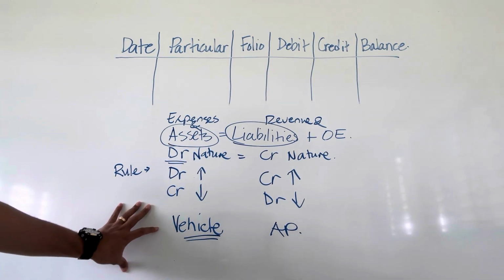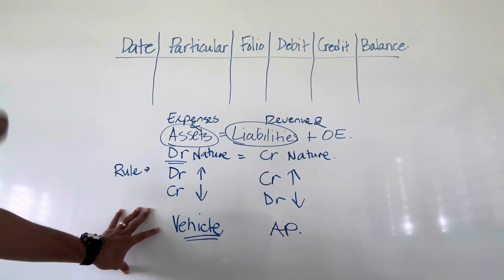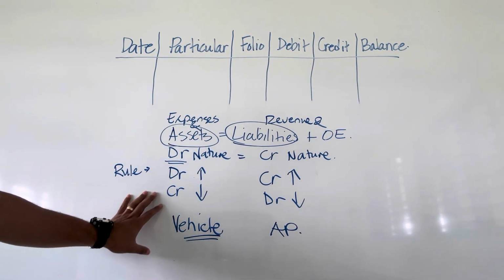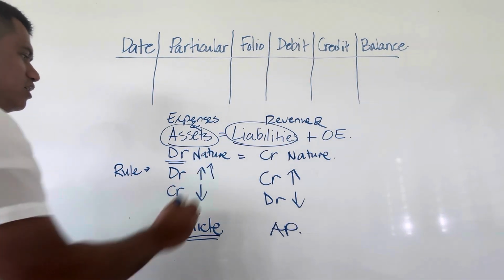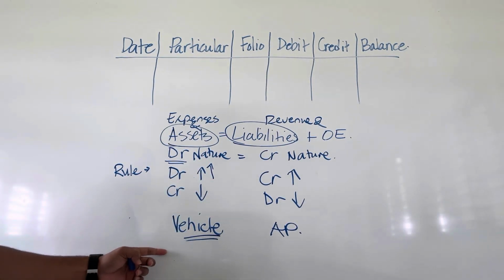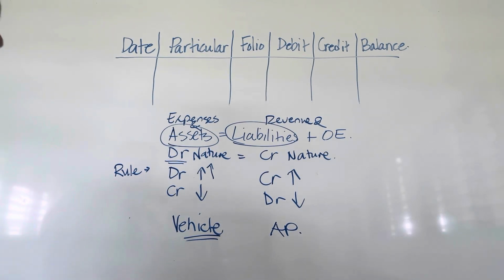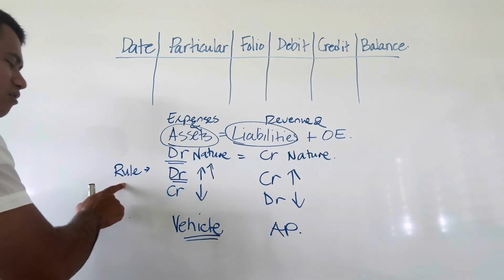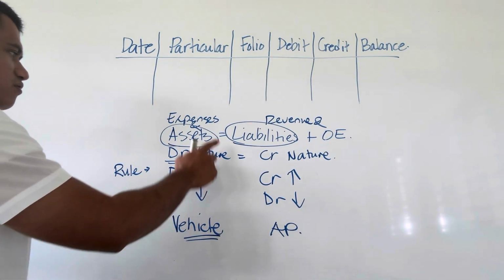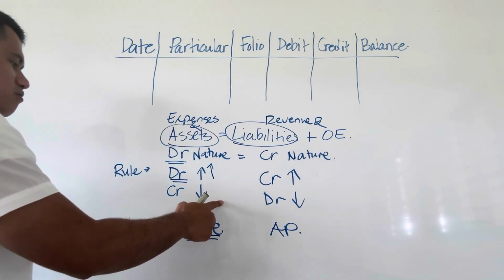That is an increase to the vehicle account. So therefore, it's a debit entry of the vehicle because remember the rule is debit to increase for assets and credit to decrease.